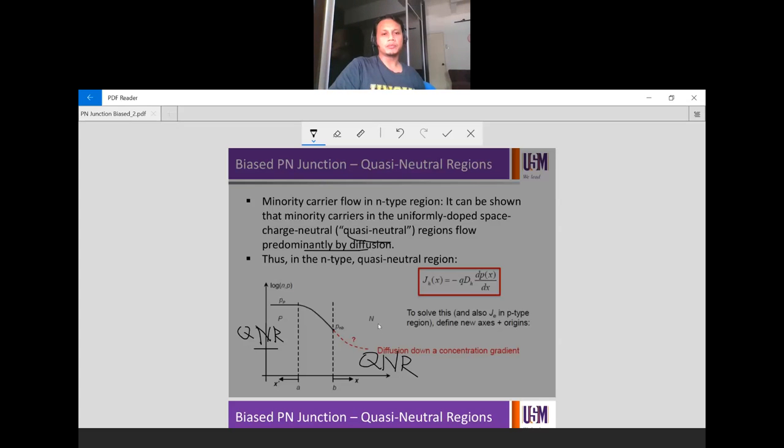Thus, in N-type, on the right hand side, the Q and R, the current contributed by this diffusion process is given by the diffusion current density, as we have learned last time, which is given by negative q D_h dp/dx, right? Diffusion down a concentration gradient, and the same goes to the other side as well.